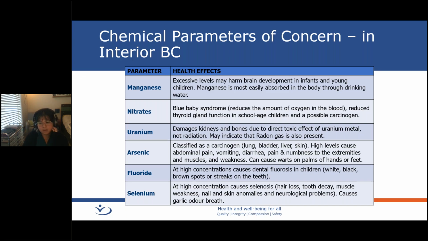So for example, you may be required to do monthly arsenic testing for a year to gather the data and look for trends and seasonal changes and annual averages. And high levels of these chemicals may also lead to some sort of notification, could be a water quality advisory or a do not consume advisory.